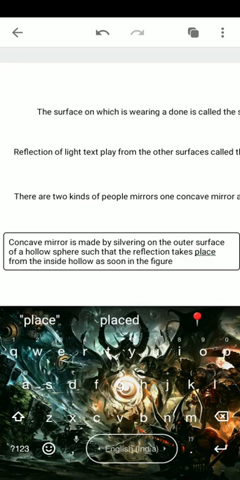So the figure, you can draw it. I have sent you the PDF of this one. You can draw it, or you can just write it as inside hollow.